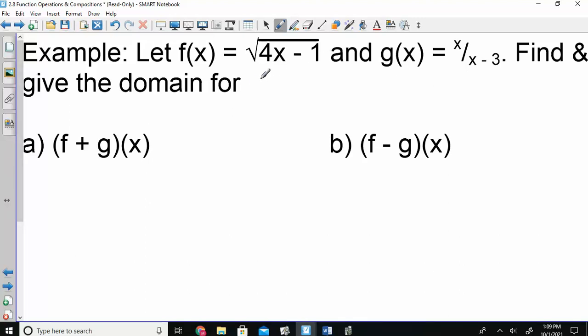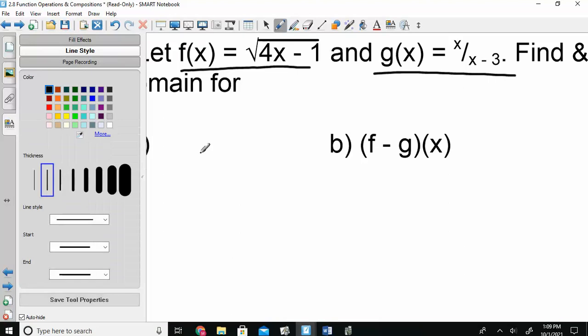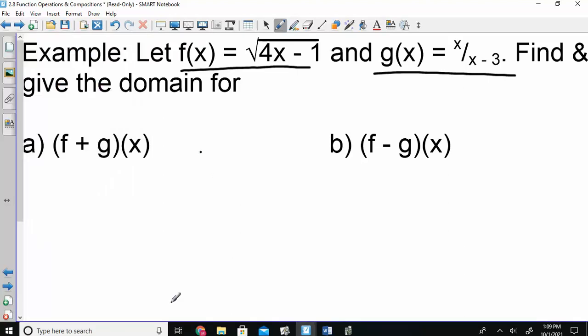So here are my functions. F of x is the square root of 4x minus 1. G of x is x divided by x minus 3. I need to find each of these and give their domain. So it's not the same as the first ones because I'm not plugging in a number.